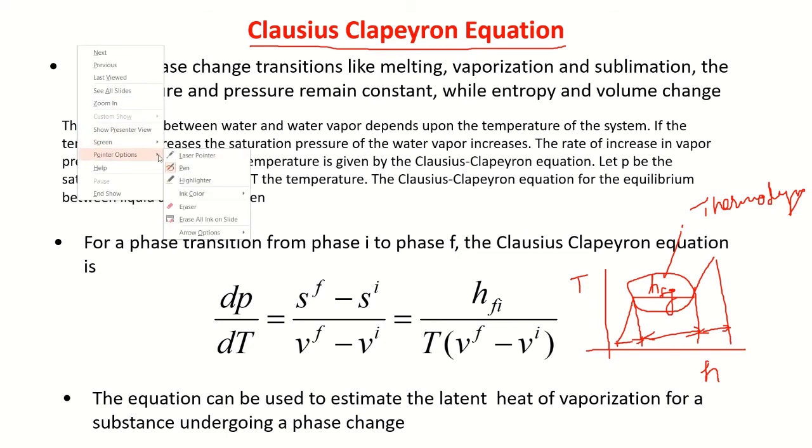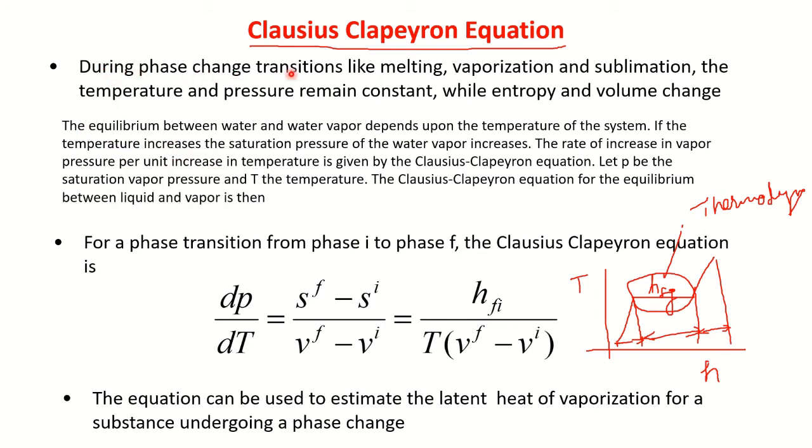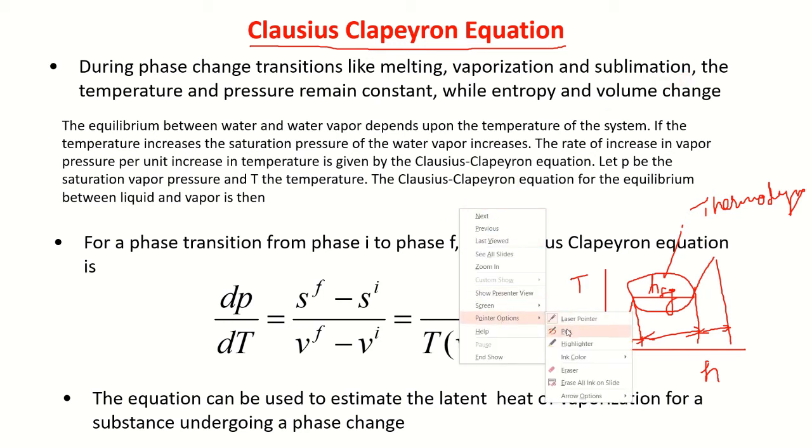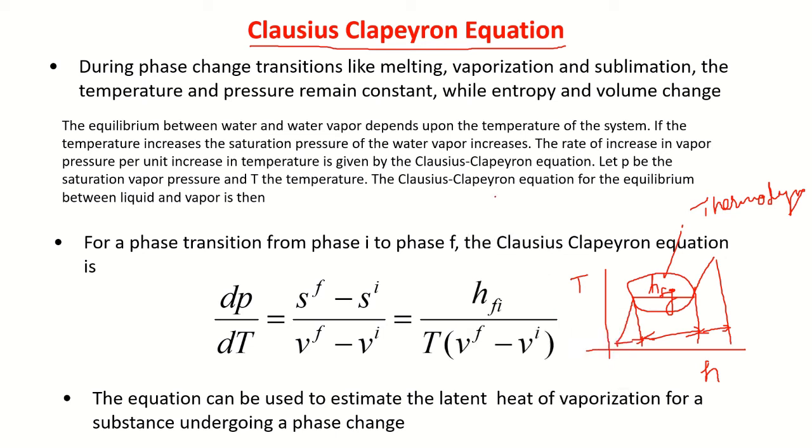So here, during phase change transitions like melting, vaporization, and sublimation, I have explained these things also. Let us see. If there is the triple point of water, you have something like solid.